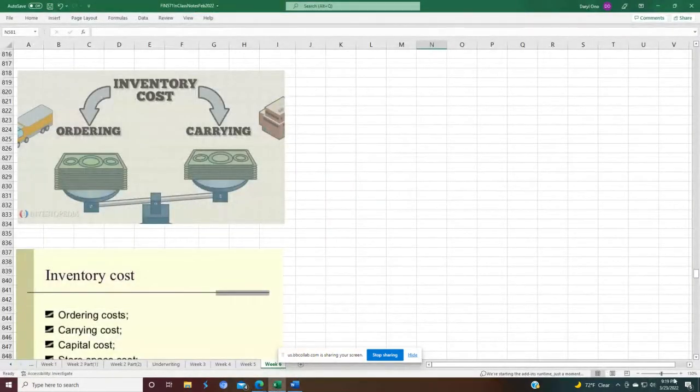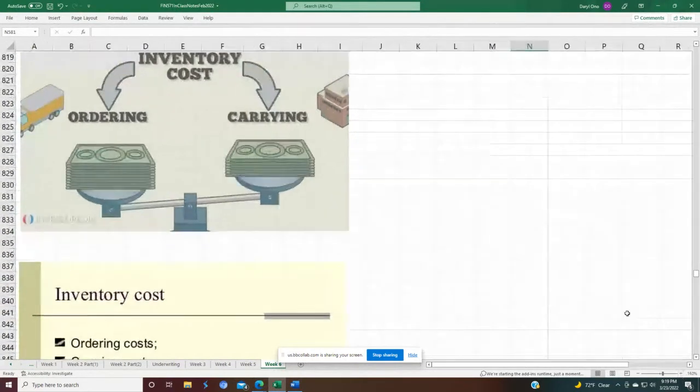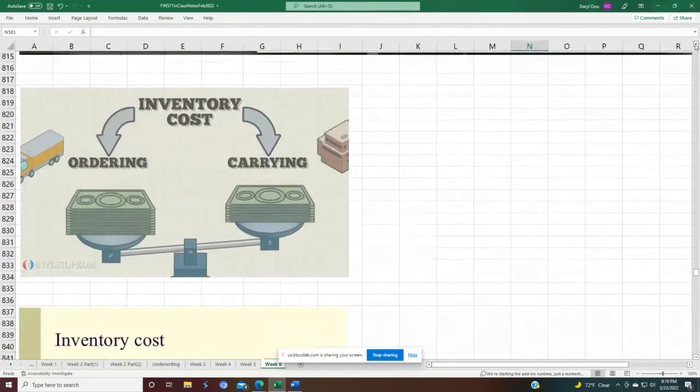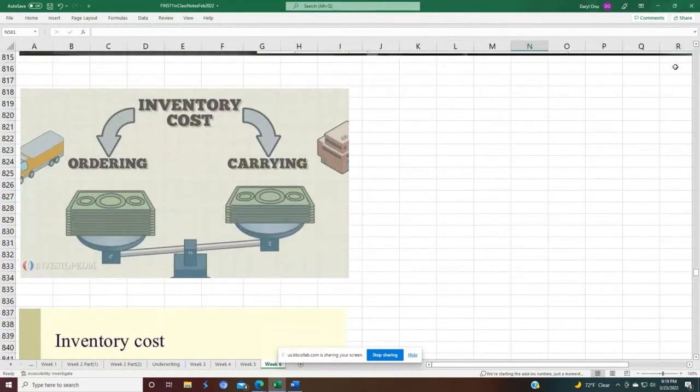Another method that is quite popular with the capstone class is going to talk about inventory costs, and especially anyone who is going to work with supply chain management in their capstone project.